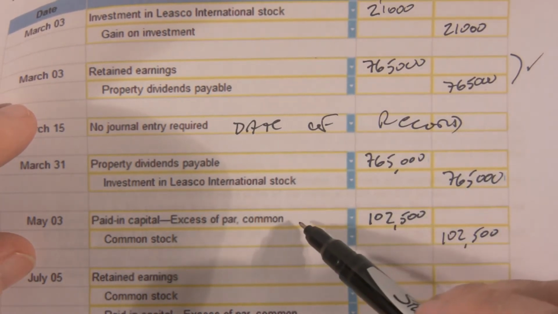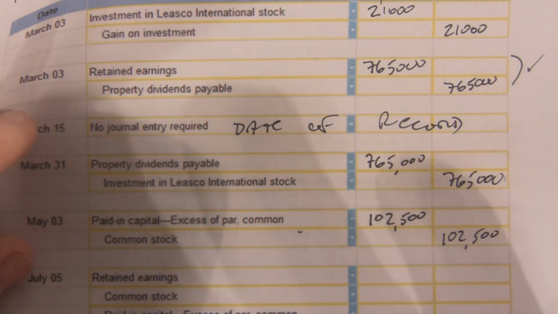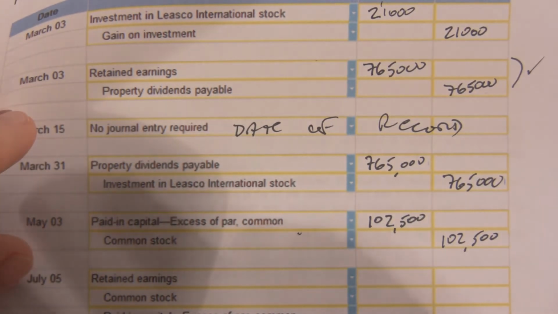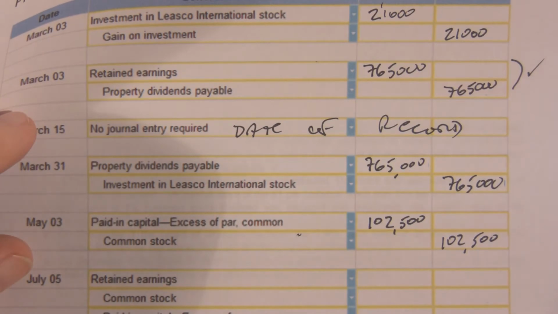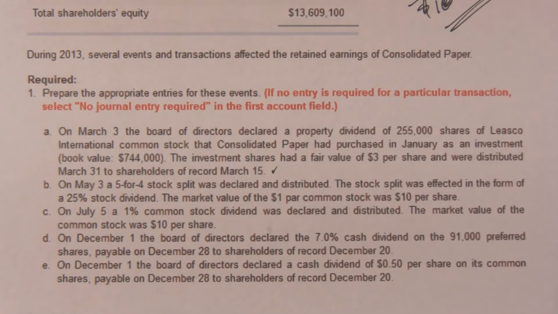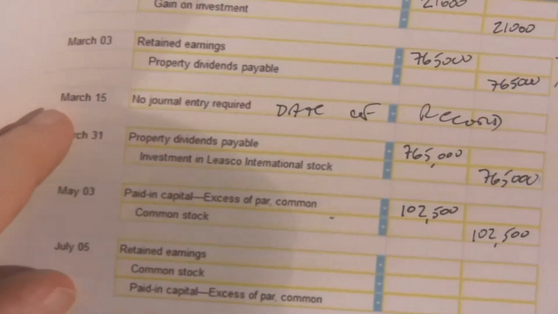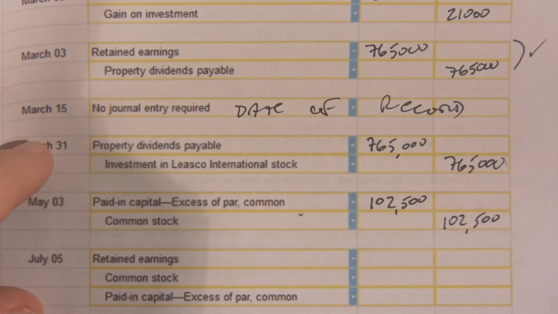Notice that we go to the excess or the additional paid-in capital. It's not coming out of retained earnings because this is a large stock dividend. So with a large stock dividend, first thing we do is reduce the additional paid-in capital for the shares, and then if we're all done, then we go to retained earnings.